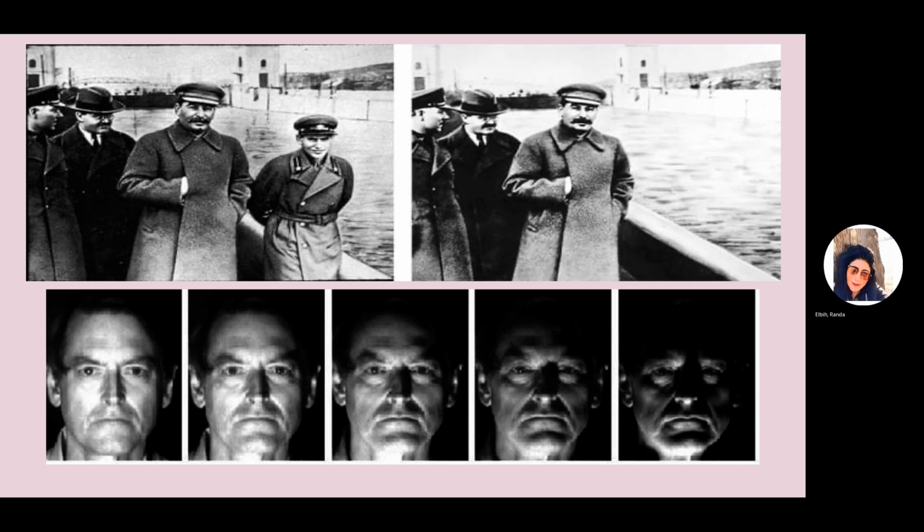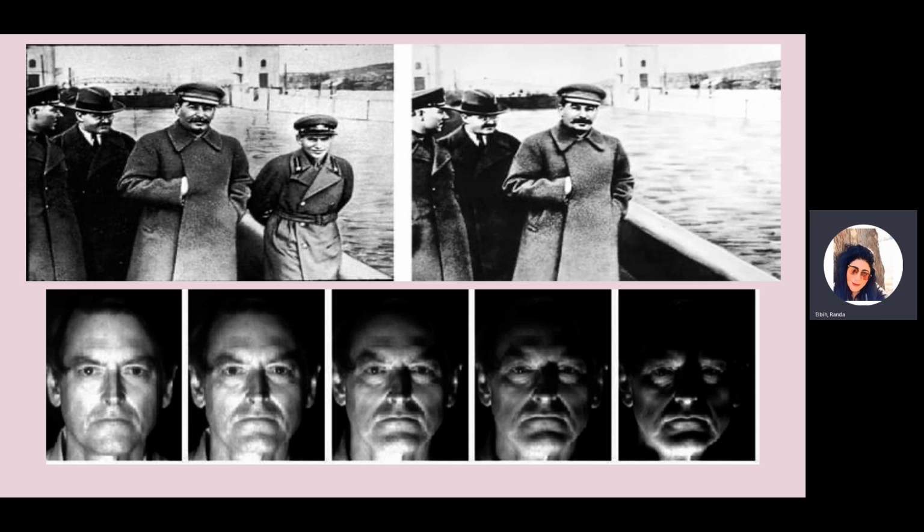Another way in which bias is really evident is in the way that a photograph can be changed by editing the effects of the photograph, either by lighting it differently or by adding or eliminating content.